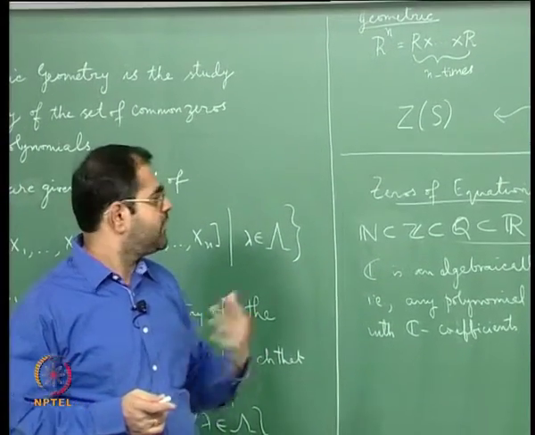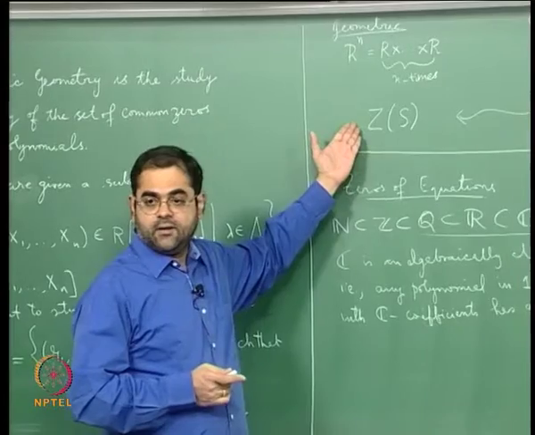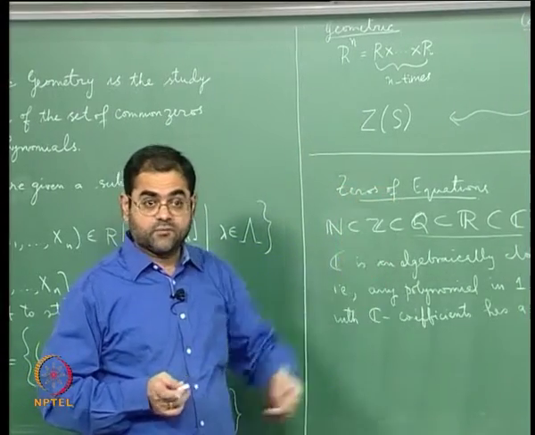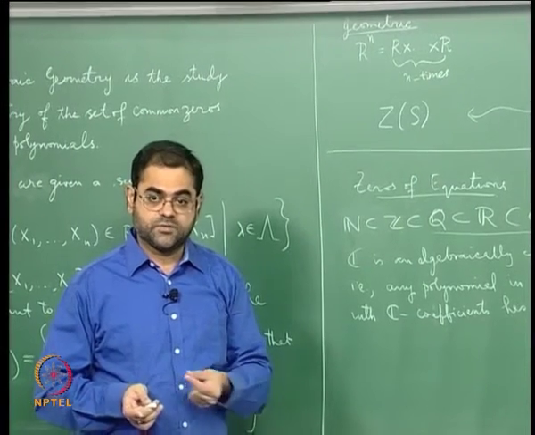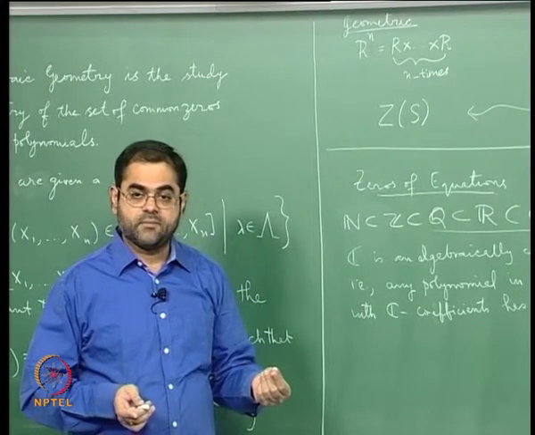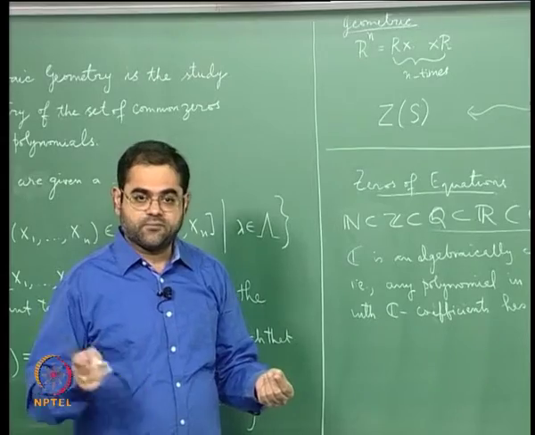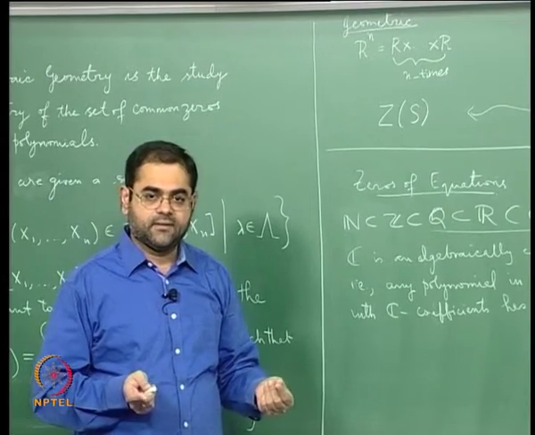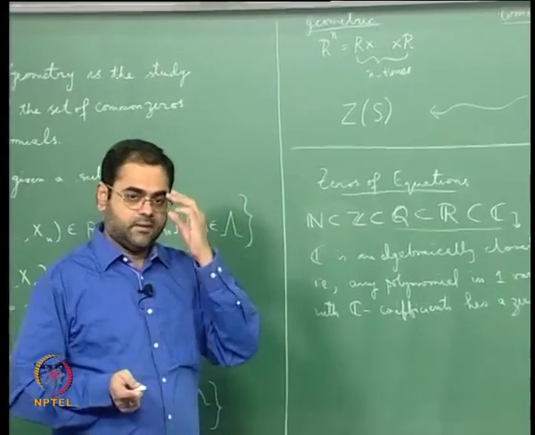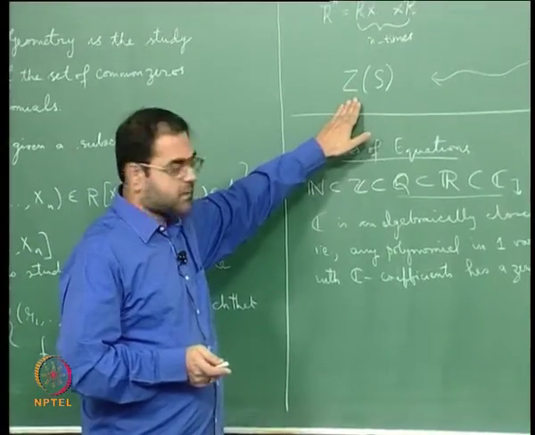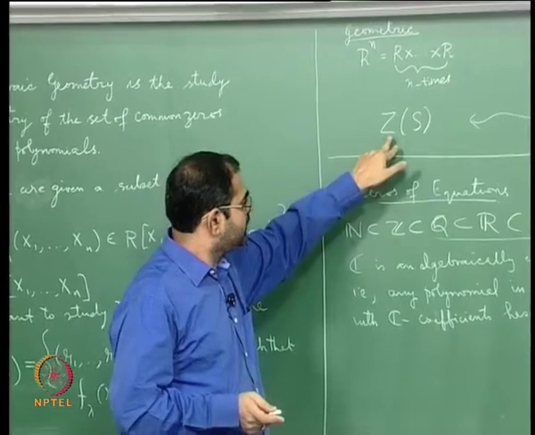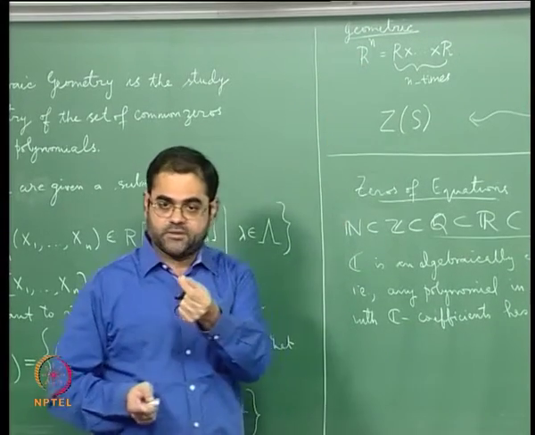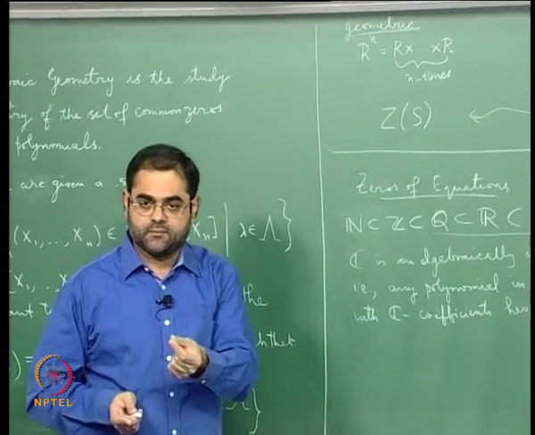In fact the number of zeros will be equal to the degree of the polynomial, but of course you have to count the zeros with multiplicity. After all, the polynomial may be x minus 1 to the power of 5, and then counting with multiplicity you can think of them as 5 zeros, but if you think of it as a subset you get only one point, namely the point 1.